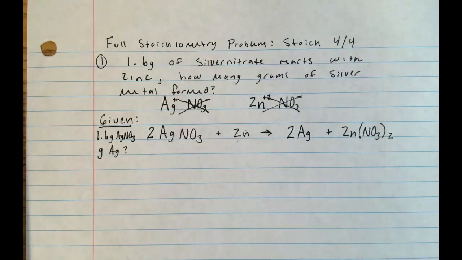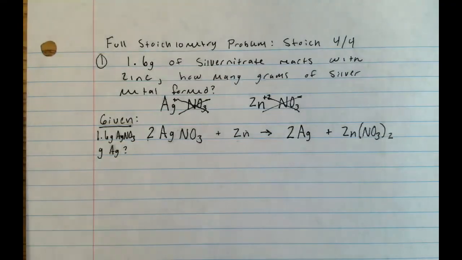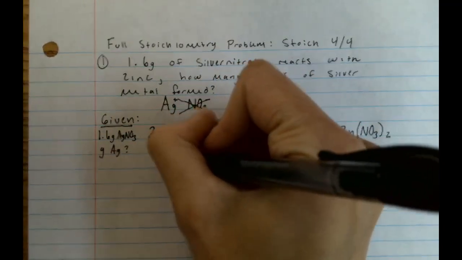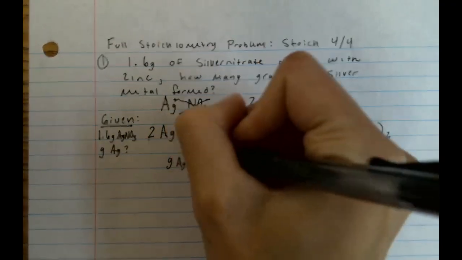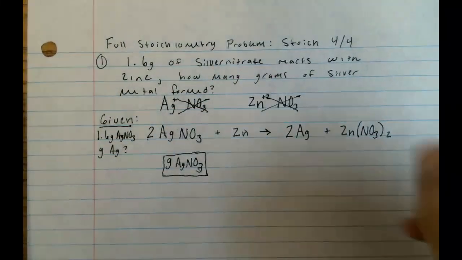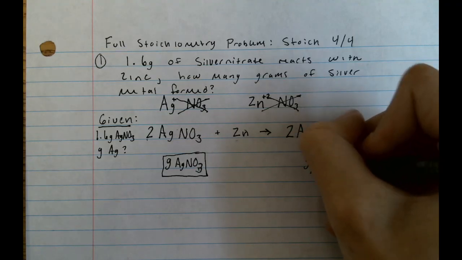Now I have to map out the necessary steps I need to take in order to get from grams of AgNO3 to grams of Ag. So again, we're starting with grams of AgNO3, and I'm trying to get all the way over here to grams of Ag.